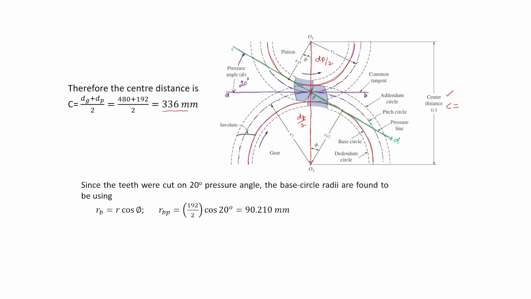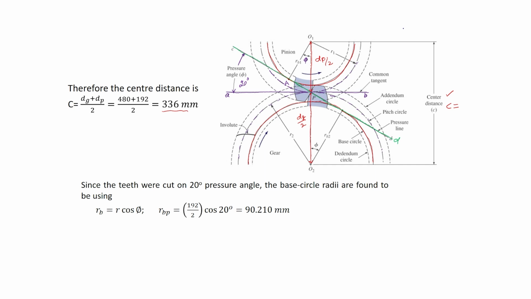Let this point be capital A. So O1A is perpendicular to CD, and O1P is equal to the pitch circle radius, and the angle AO1P will equal the pressure angle phi, because the angle CPA is the pressure angle phi.